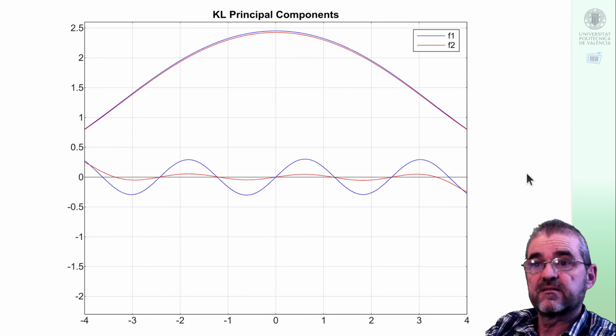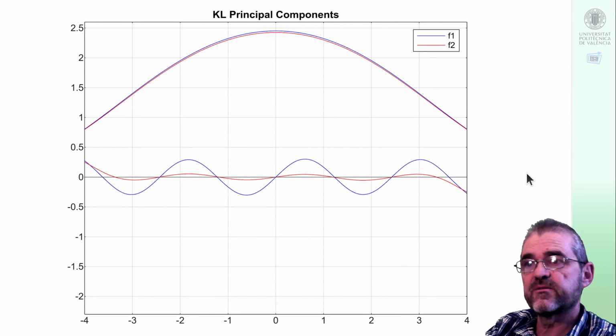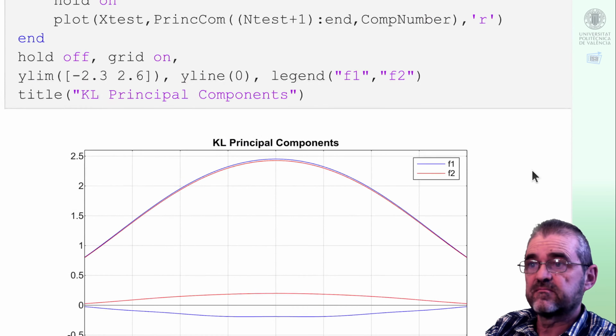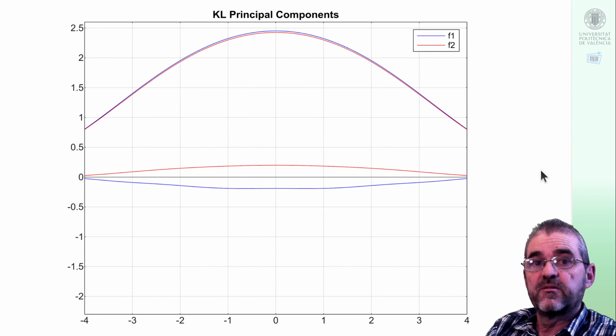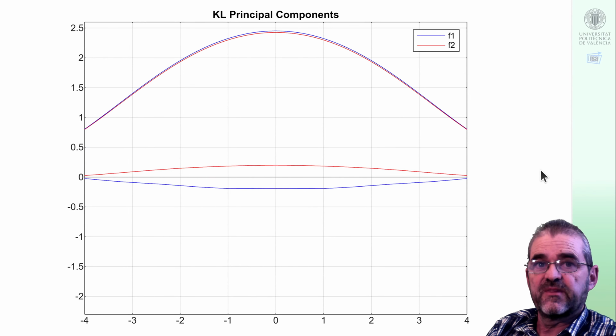And component 8 is now mostly associated to the first function, f1. The red one has low amplitude. And component 9 is the first one that tries to explain the differences between f1 and f2, because the components are in opposite phase. So this one starts explaining the difference between the functions, but it has much lower amplitude than the previous components that explain why both of them are equal, up to 6, 7.